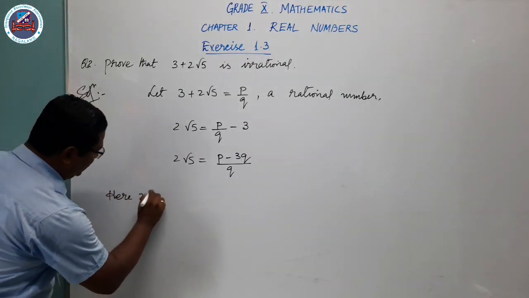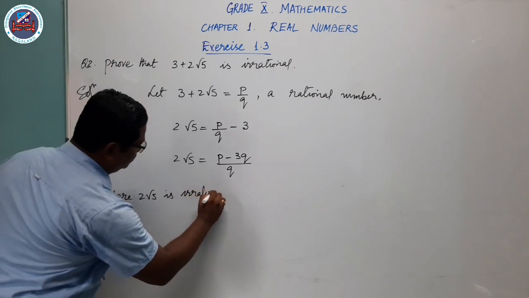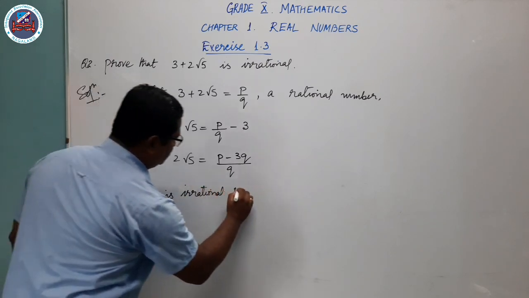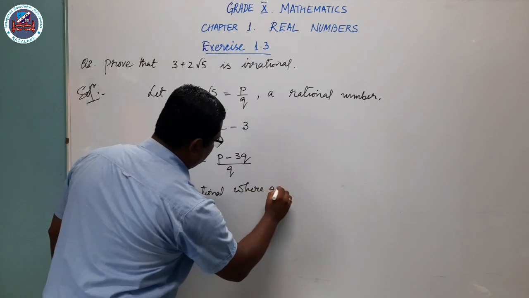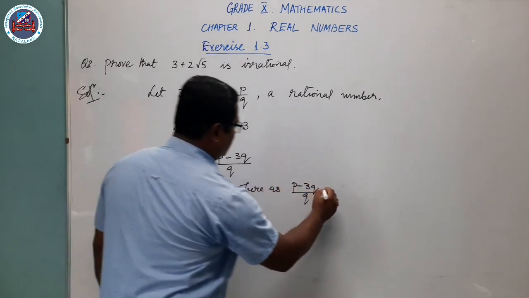Here 2 root 5 is irrational, whereas p minus 3q by q is rational.